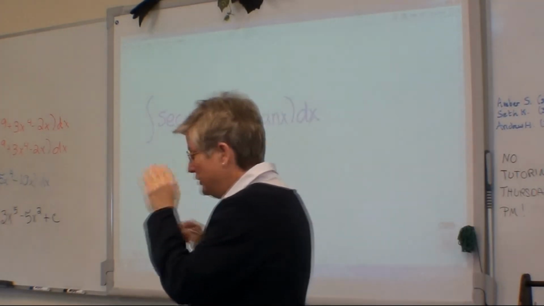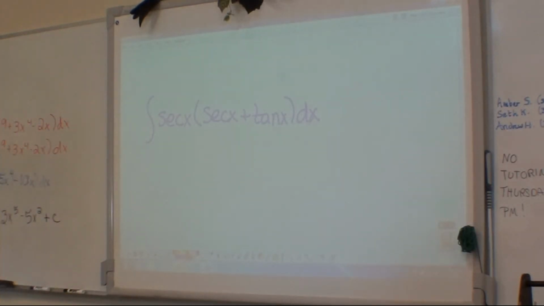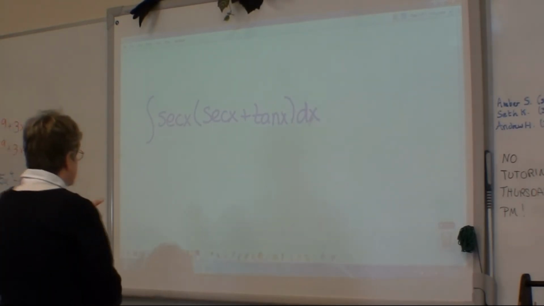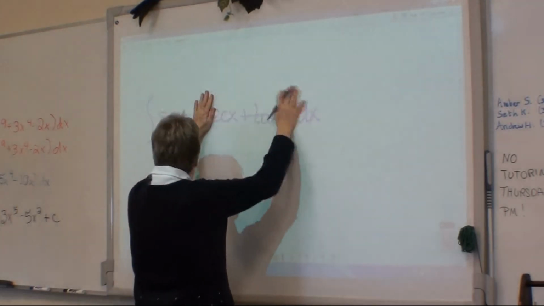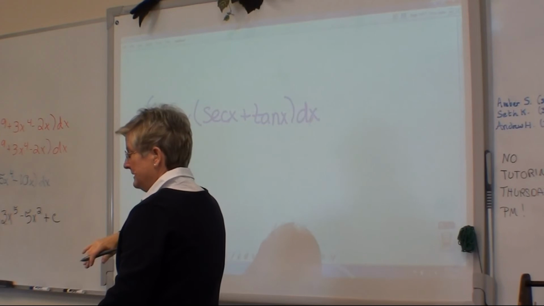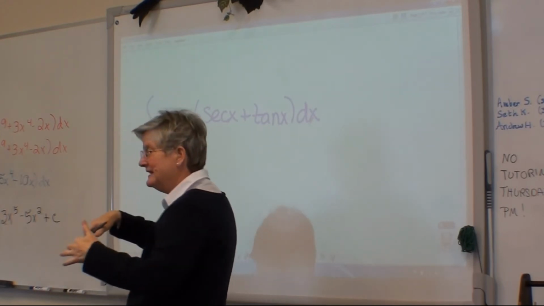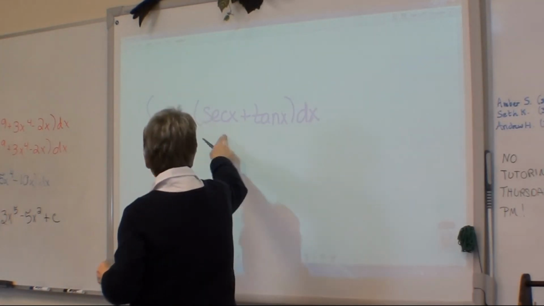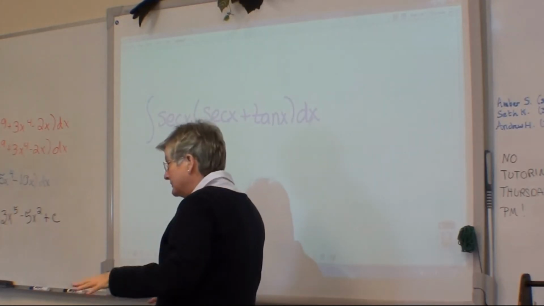Now, you always have available to you what you've learned in algebra and what you've learned in advanced math. Secant x is not the derivative of anything. Secant x plus tan x is not the derivative of anything.